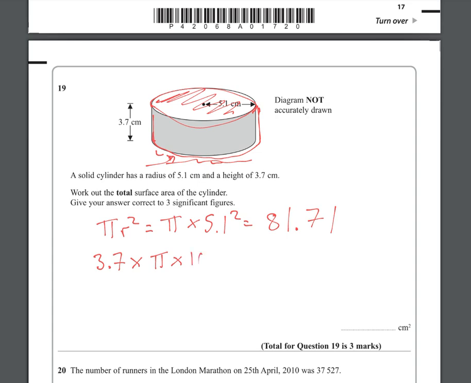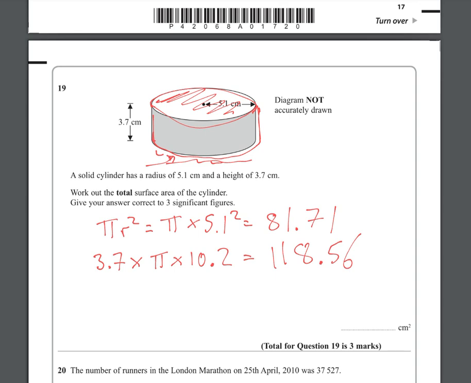The diameter is twice that, that's 10.2. So the curved bit is 3.7 times pi times 10.2. So that's 118.56. Again, I'm getting more accurate than I need at this stage.